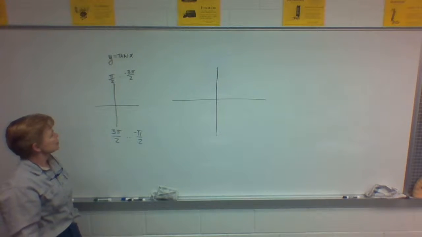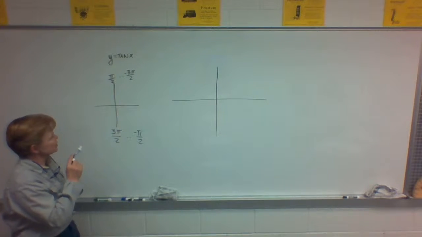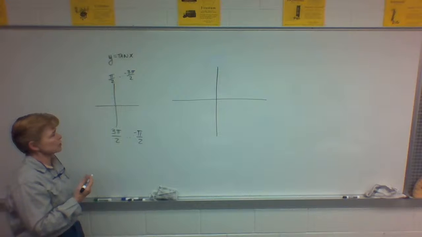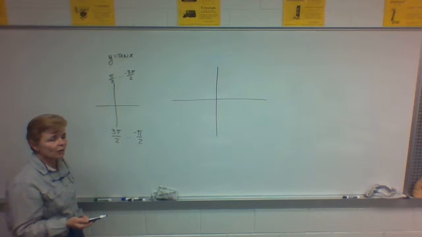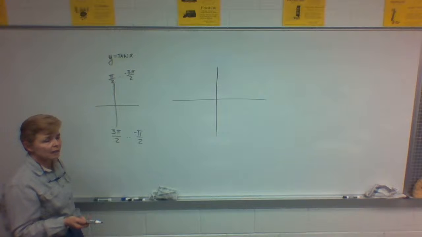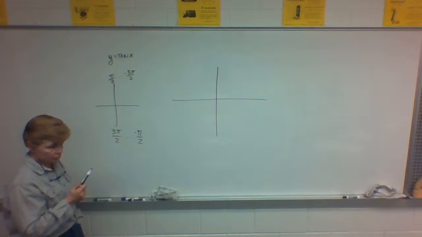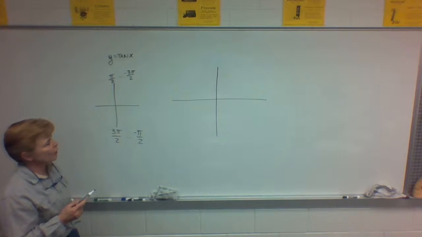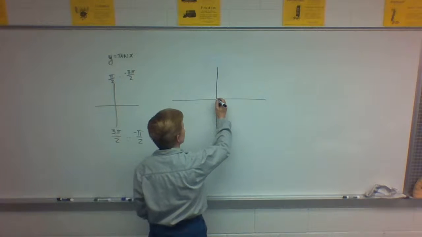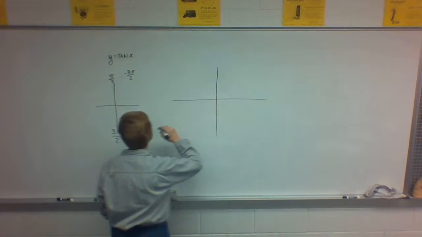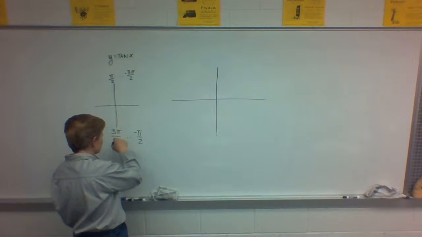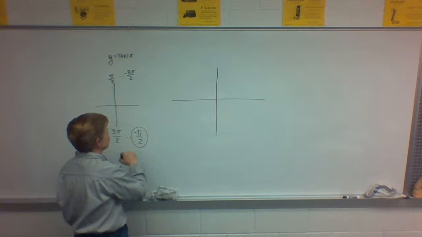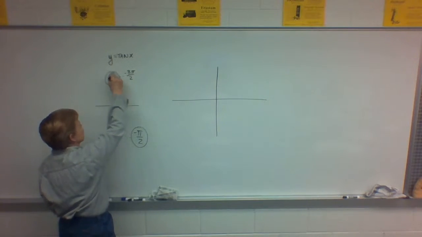Okay. So we've got places where tangent is undefined, and when we're graphing it as a function, what do those places end up being where it's undefined? Asymptotes. So if I'm going to wrap this around the origin, 0, 0 here, then instead of calling this angle 3 pi halves, I'm going to call it negative pi halves, and I'm going to call this angle pi halves.